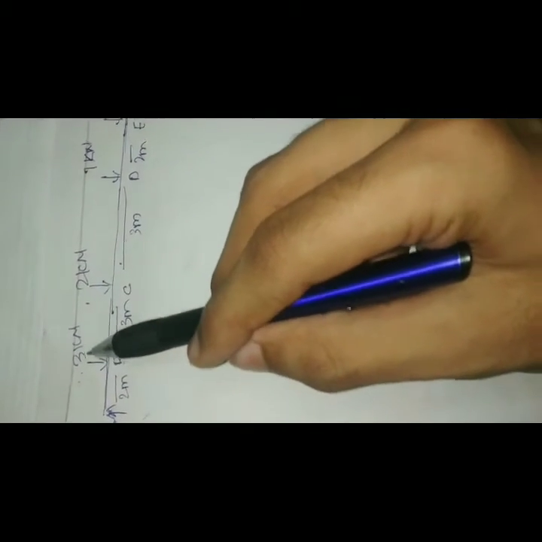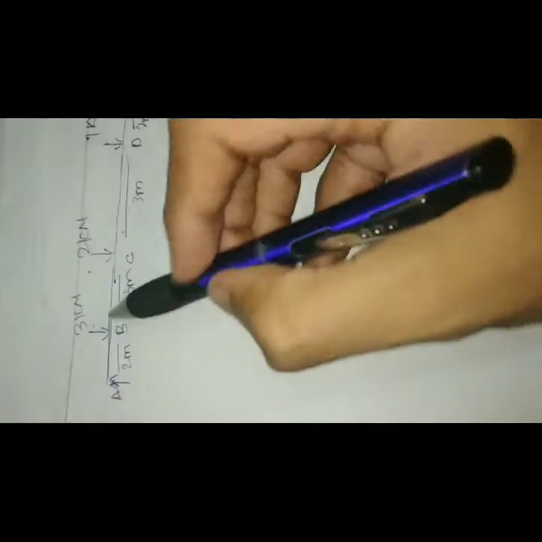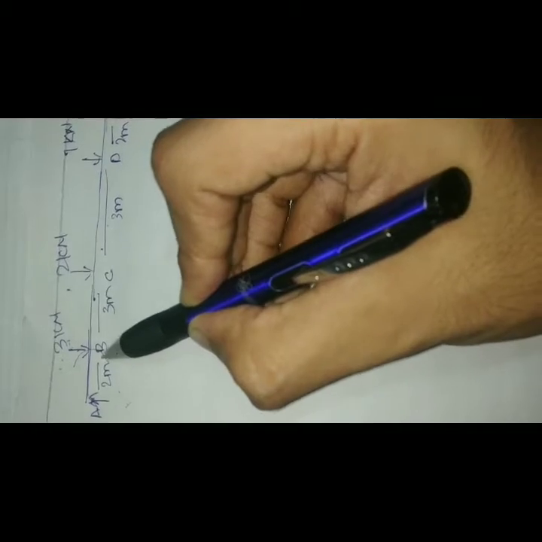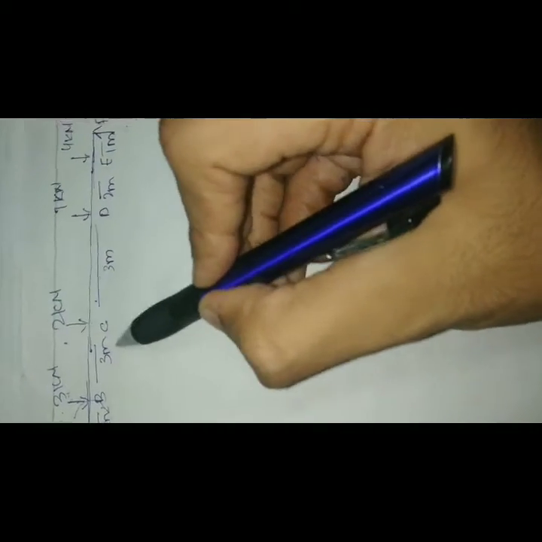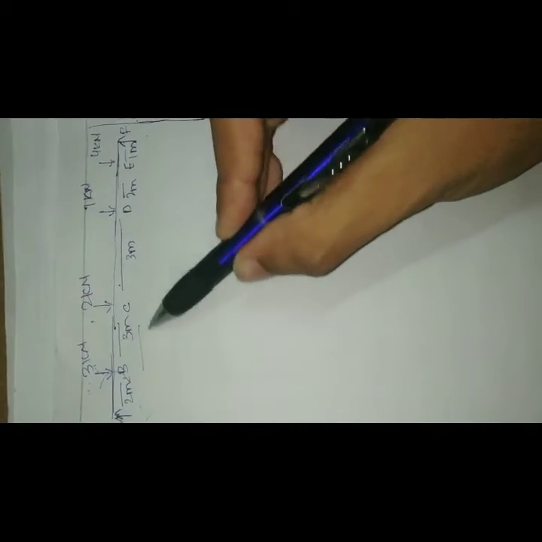The moment is taken like this: the formula of moment is force into perpendicular distance. This is the force, 3 into 2 in clockwise, so it is positive. 2 into 3, 2 into 5, 3 plus 2, then 7 into 3 plus 3 plus 2, then 4 into likewise.